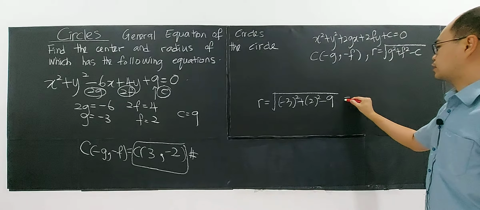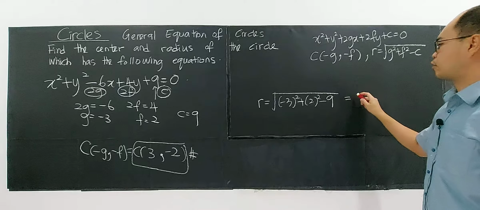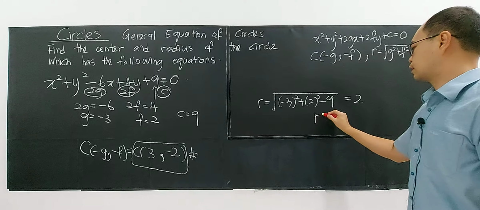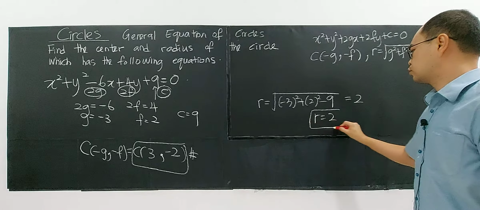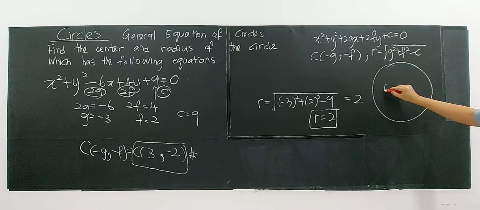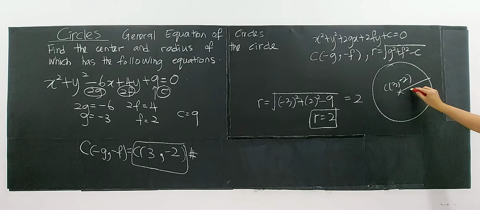So we can calculate this as 9 plus 4 minus 9, which is 4, square root of 4, you're getting 2. So it means the radius for this circle will be 2, right? Then you know that the circle will have a center of 3, negative 2, and the radius of 2, right?